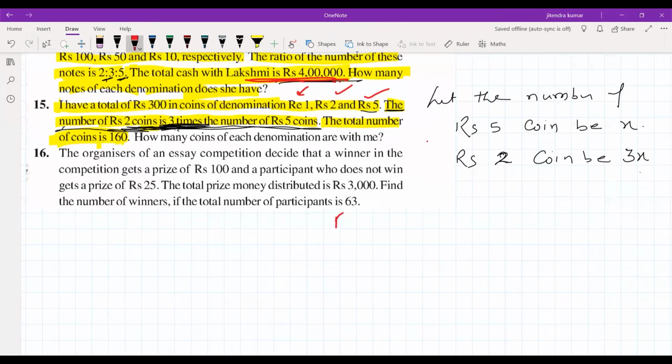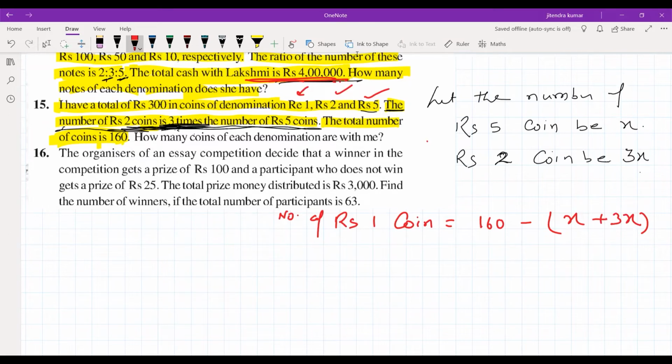So can we write it like this? Number of rupees 1 coins is equal to the total number of coins, 160 here, minus these two, the total number of coins will be x plus 3x here.